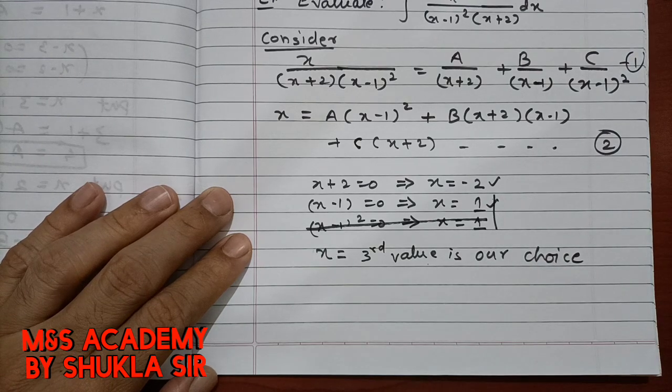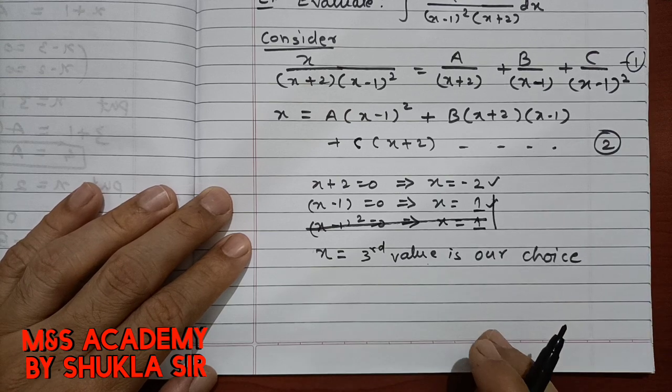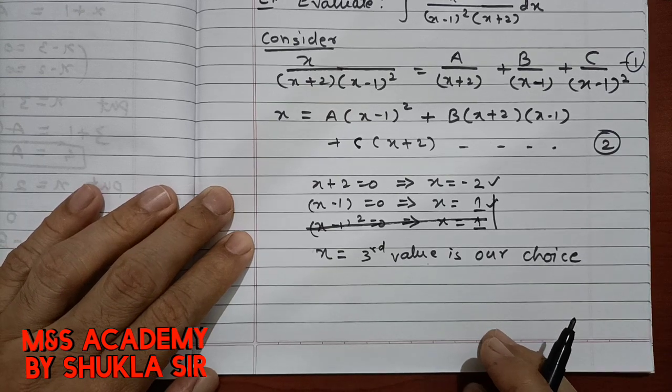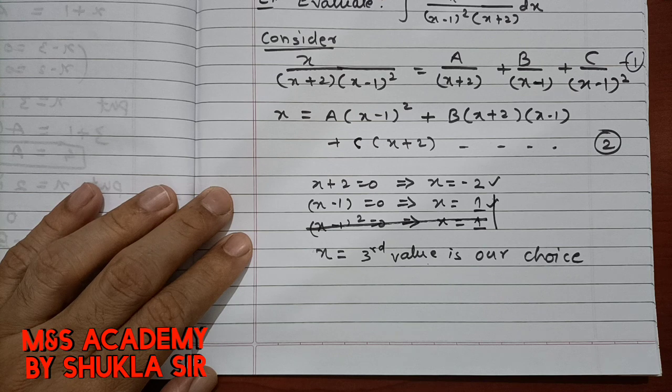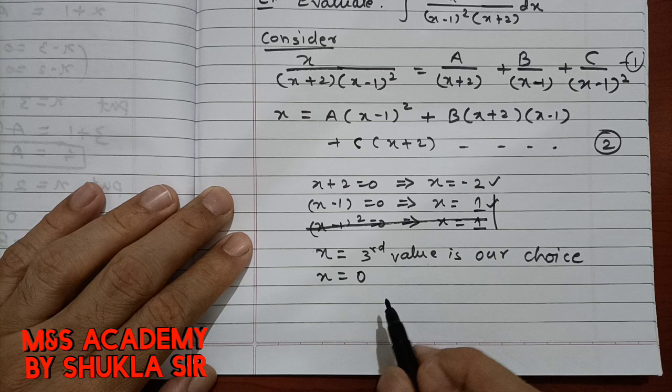You can take any value of x, but that should belong to the rational numbers. You can take a factor, you can take plus or minus, you can take 0. So the simplest one, I can choose x is equal to 0.